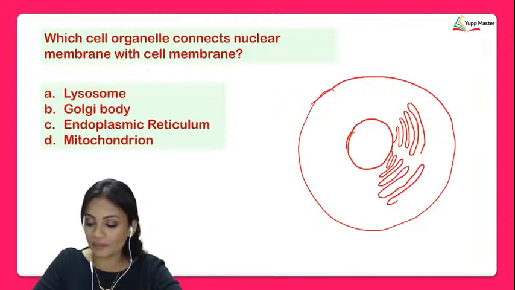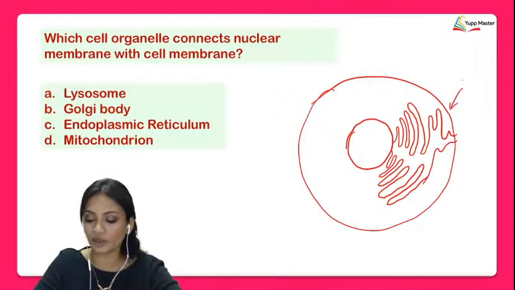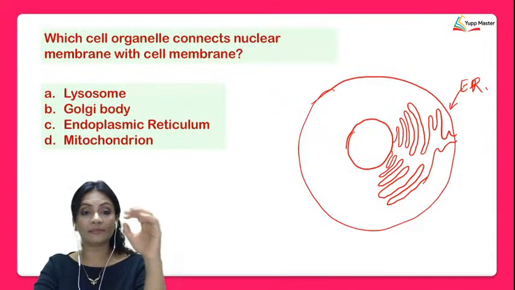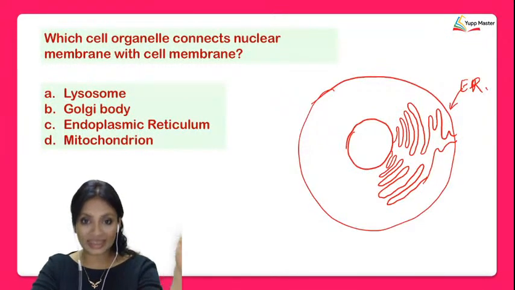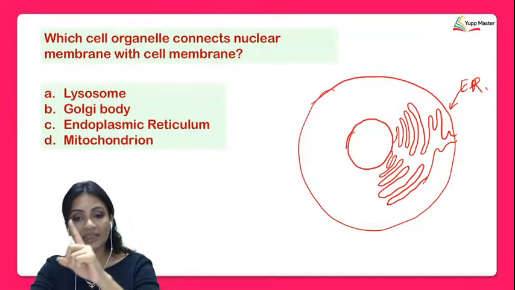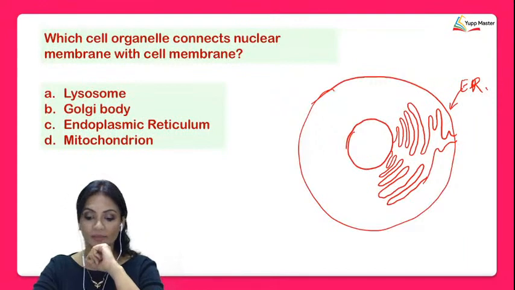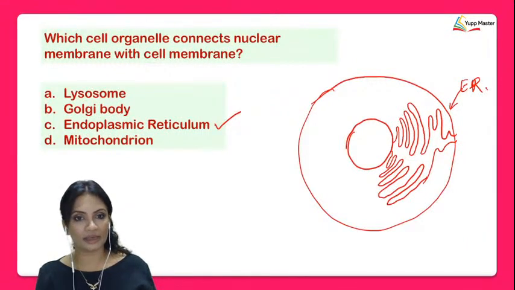Tell me what am I drawing? Isn't this a structure which is called the endoplasmic reticulum? So it is this endoplasmic reticulum which is able to connect the nuclear membrane all the way up till the cell membrane or the plasma membrane, which is the outermost part of the cell. The correct answer here will be C, endoplasmic reticulum.